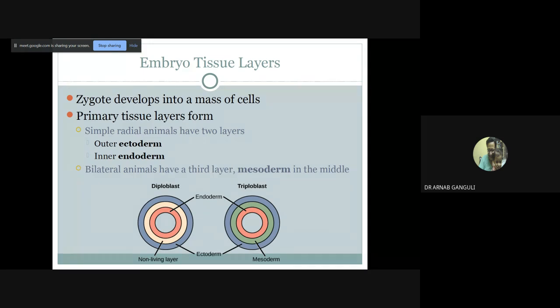Now, as we know, one sperm and one egg fuse and form a zygote. The zygote is formed by the fusion of a male gamete, which is the sperm, and a female gamete, which is the egg. They fuse and form a zygote.